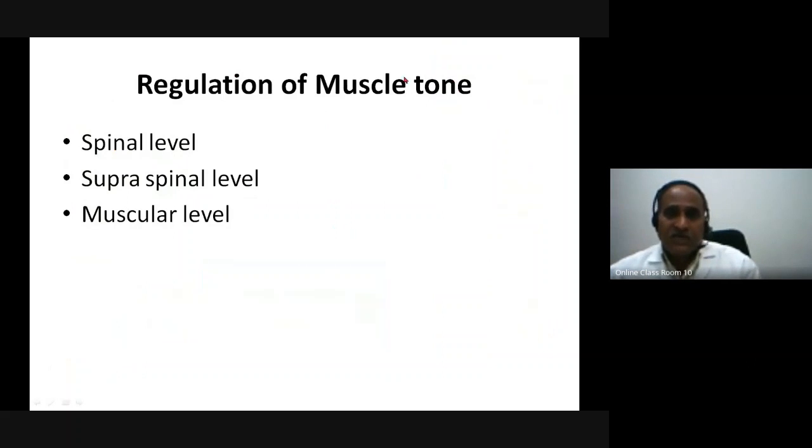Regulation of muscle tone is done at 3 levels: the spinal level, supraspinal level, and the muscular level. The muscular level has 3 main components: the neuromuscular junction, excitation-contraction coupling, and the muscle proteins.